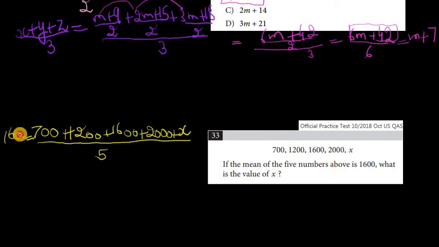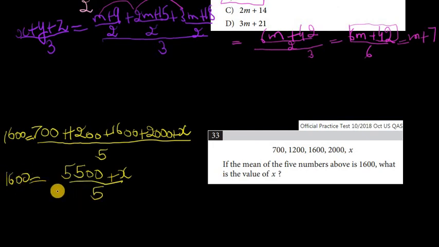So now I have a simple equation in one variable, and I just need to solve for x. So let's just quickly add up these numbers. 700 plus 1200 will be 1900, and then plus 1600 would be 3500, and plus 2000 would make all of this 5500. And all of this plus x divided by 5 is equal to 1600.